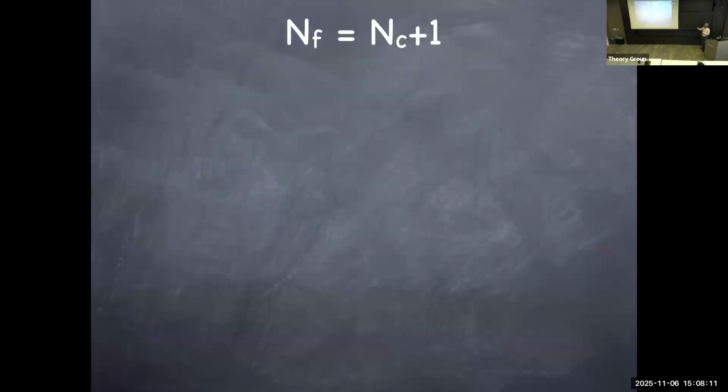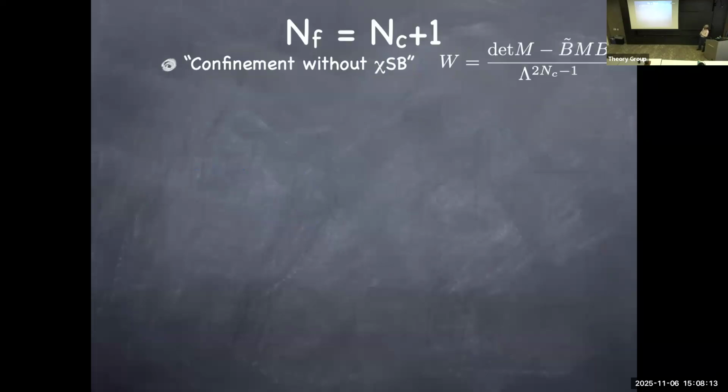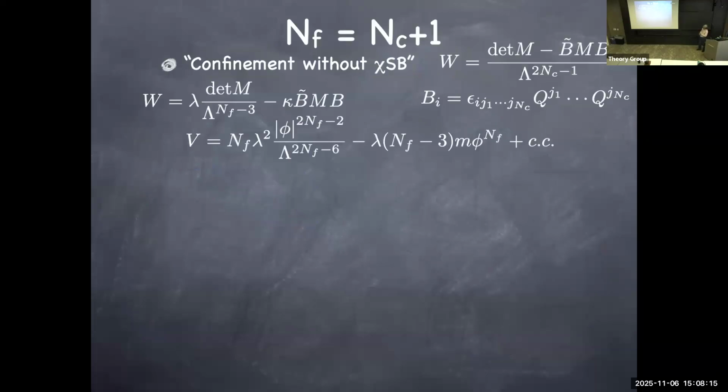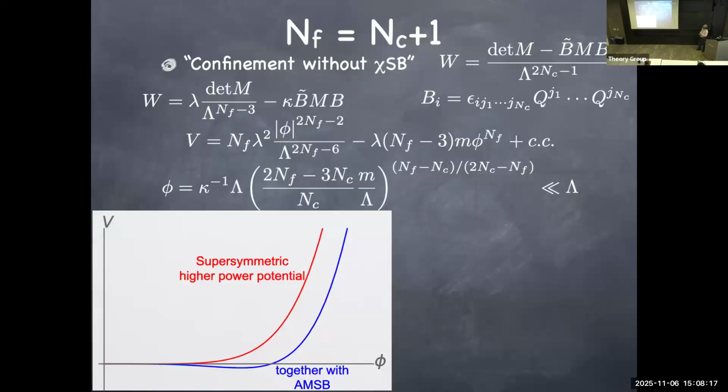And so far, I only talked about a rather small number of NF. And if you go to a larger number of NF, you have to switch your description to meson bound states. And in this case, what you see is the supersymmetric potential is minimized at the origin, but with supersymmetry breaking it is minimized where, again, the meson acquires an expectation value showing chiral symmetry breaking.